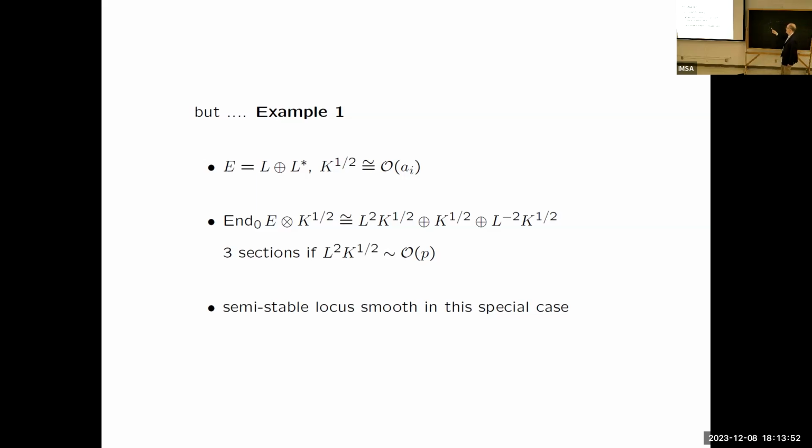So maybe if you take square roots, you'll get enough sections, but I think it's unlikely. What I'm saying is that for each square root, looking at these spinor-valued Higgs fields, you get holomorphic sections of k to the minus 1, but it's the same k to the minus 1 for all the square roots.